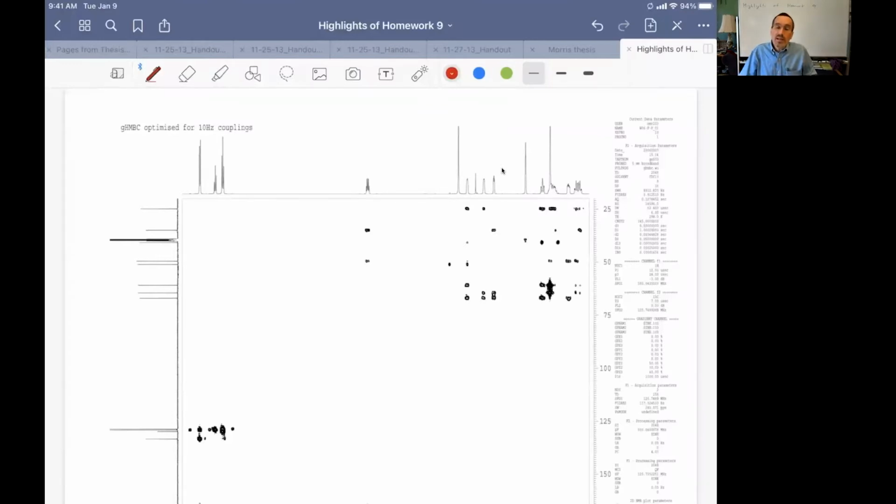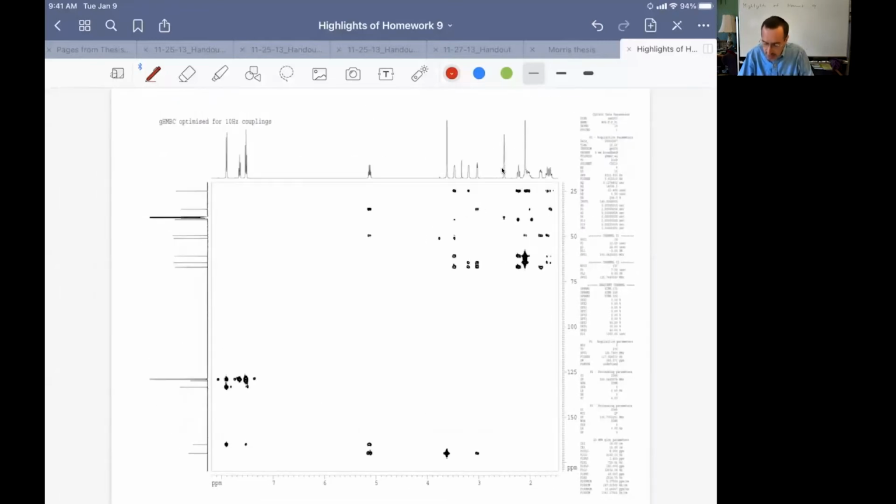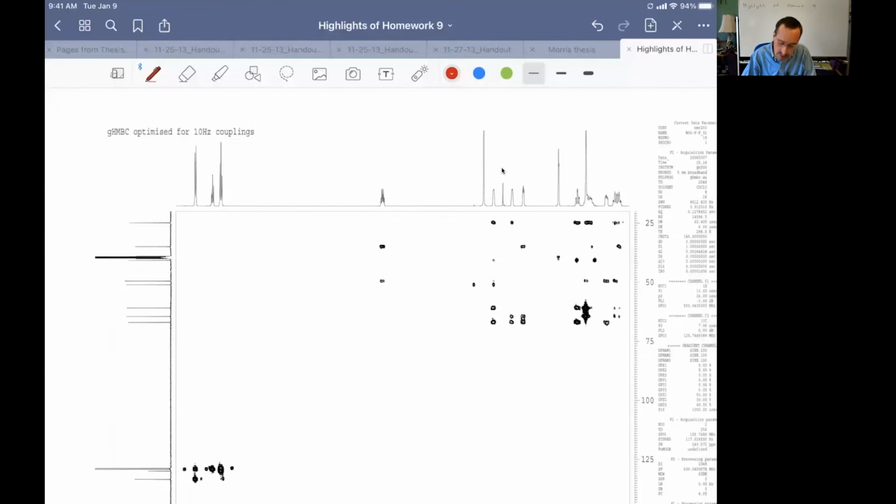One of the things I like about problem number 2 is that it sets us up very nicely for use of HMBC in the way that we've talked about. So I want to highlight the HMBC spectrum, and I'm going to label our resonances here.